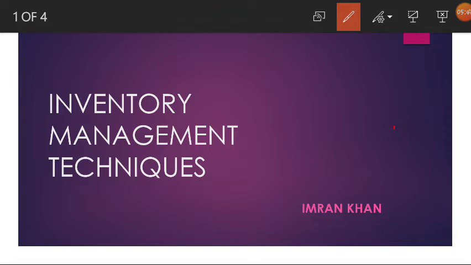The next technique we have is VED analysis. The full form of VED analysis is vital, essential, and desirable.